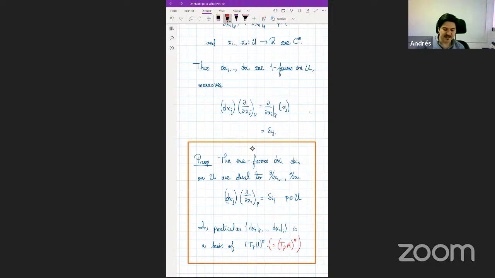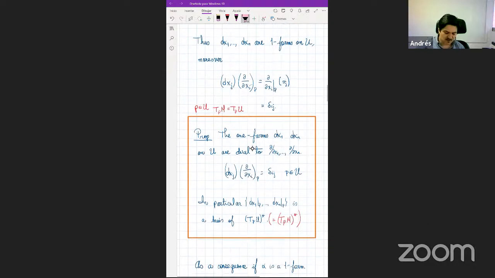T_pU is the same as T_pM. If I have an open set on a manifold, the set of derivations is the same either for M or for U. Okay. So let's move on.